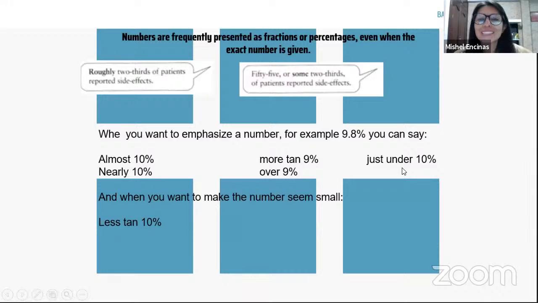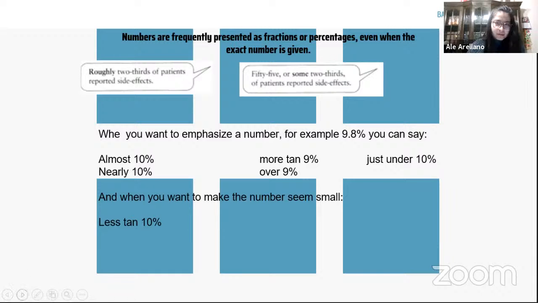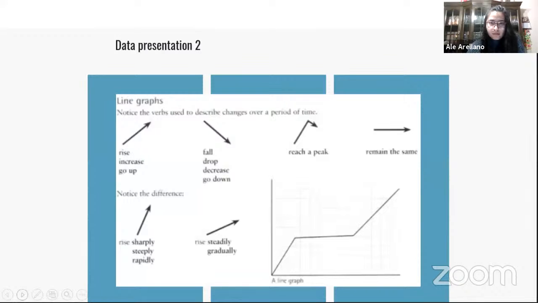To show that it is a low percentage of 10. And when you want to make a number seem small, you can say less than 10%. Okay? Do you understand? Or you have any question? No, Miss. Perfect.